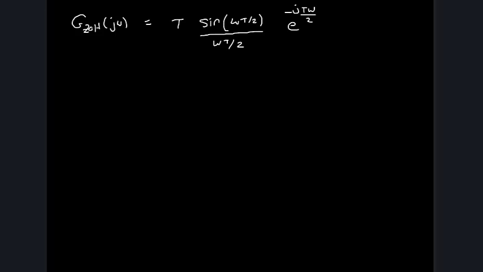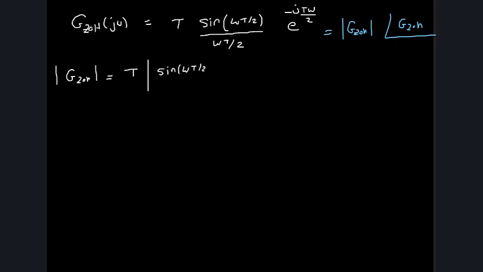Now, as with any complex number, this one has an amplitude and an angle. So now the amplitude will equal T times the absolute value of sine(omega T over 2) over (omega T over 2).